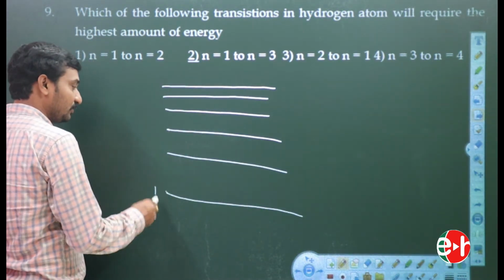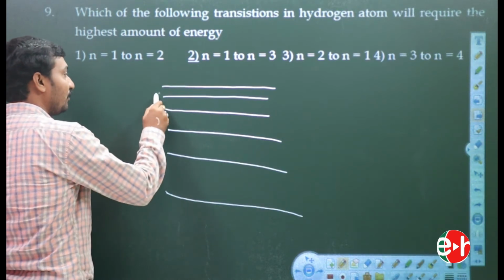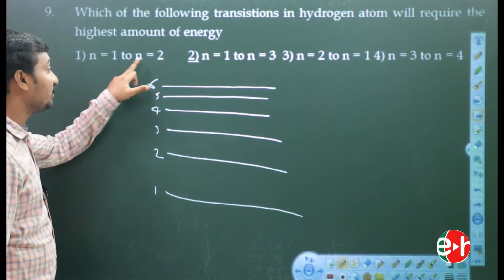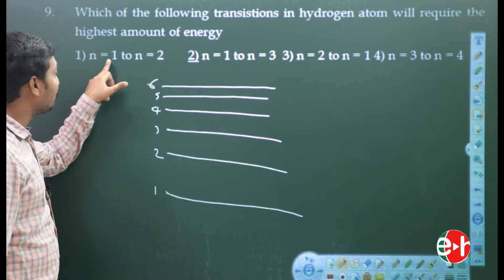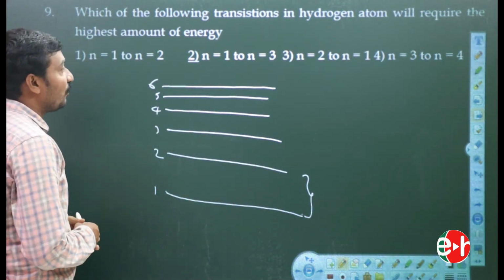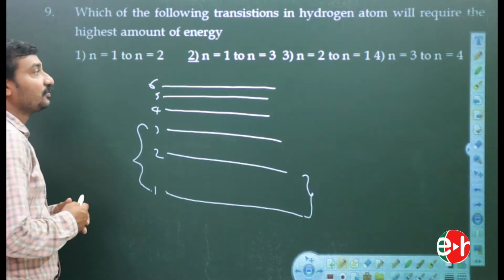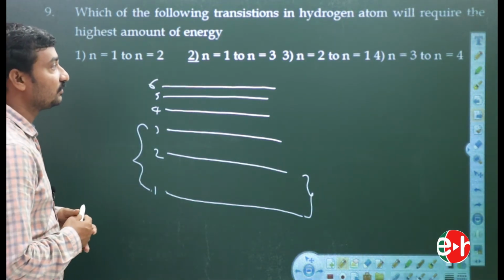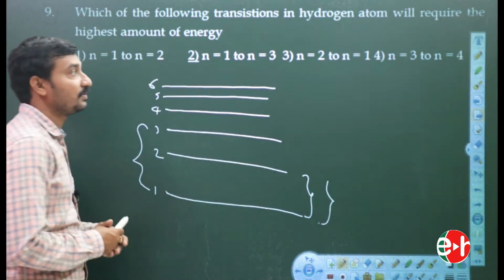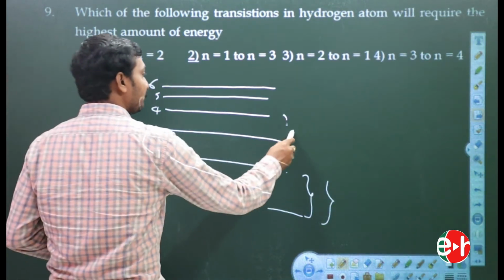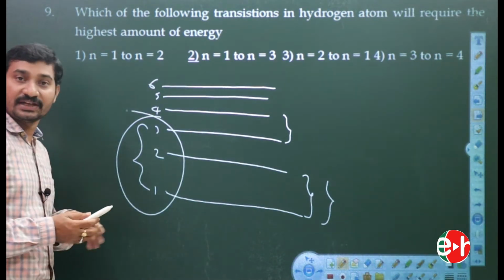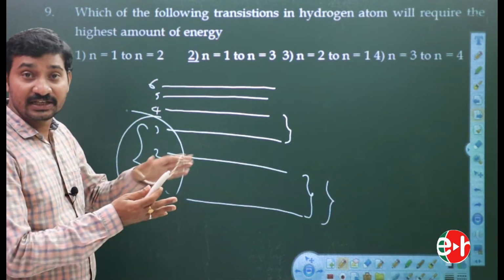This is N value 1, 2, 3, 4, 5, 6. Now N1 1 to N2 2, here N value 1 to 2, that means this gap. 1 to 3 means this gap. 2 to 1, same as 1 to 2, this gap. 3 to 4, this gap. Where is the energy gap more?